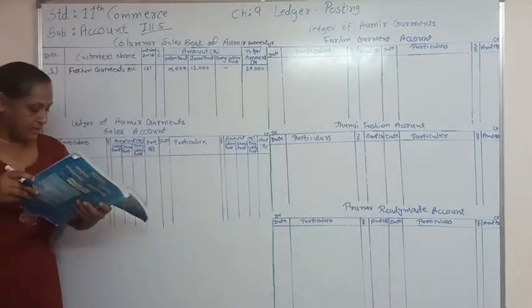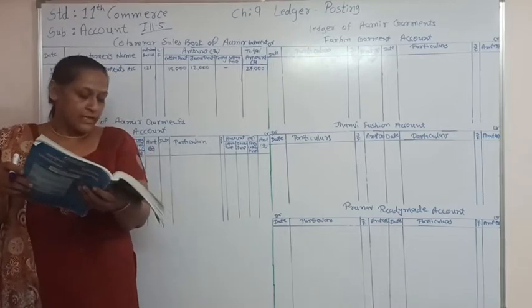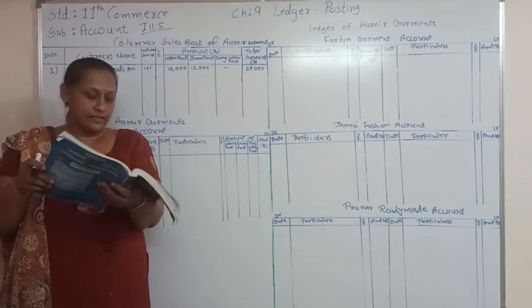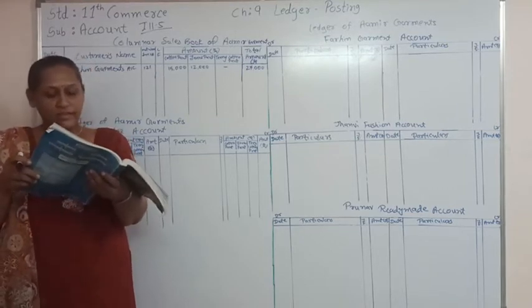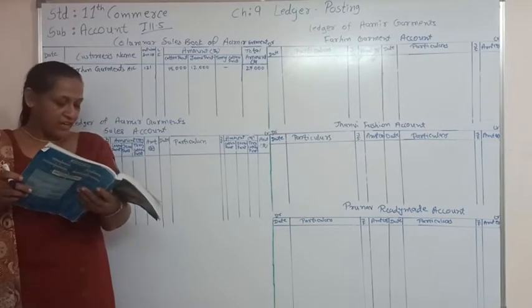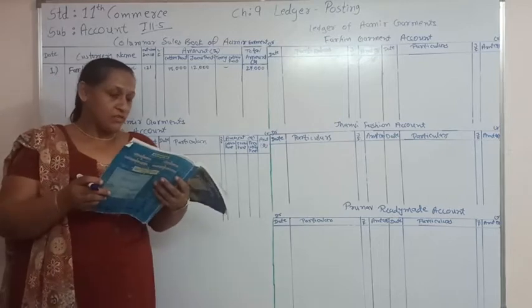There is no terry cotton pant, so the total will be 27,000. Now let's see the next transaction. Sold 40 jeans pants at rupees 400 and 30 terry cotton pants at rupees 250 each to Janvi Fashion. Outward invoice number is 122.